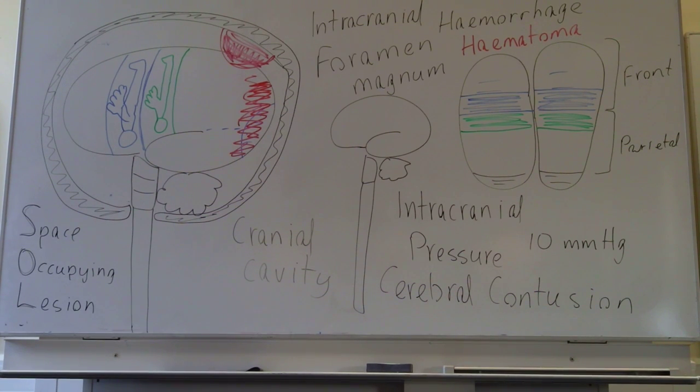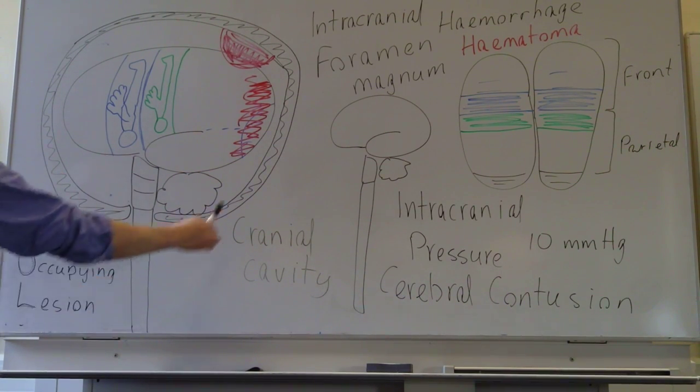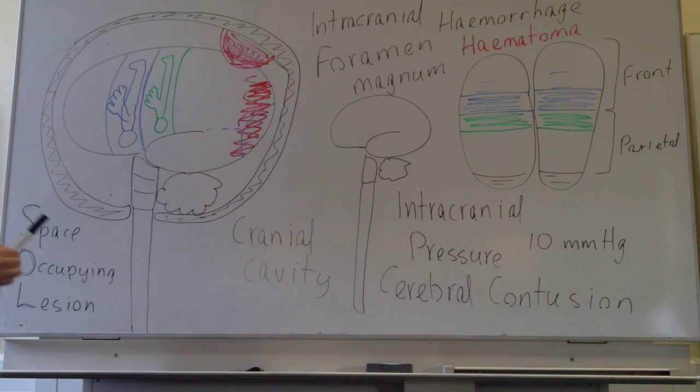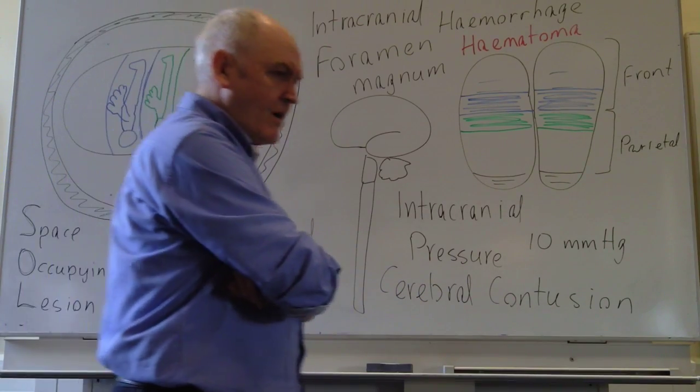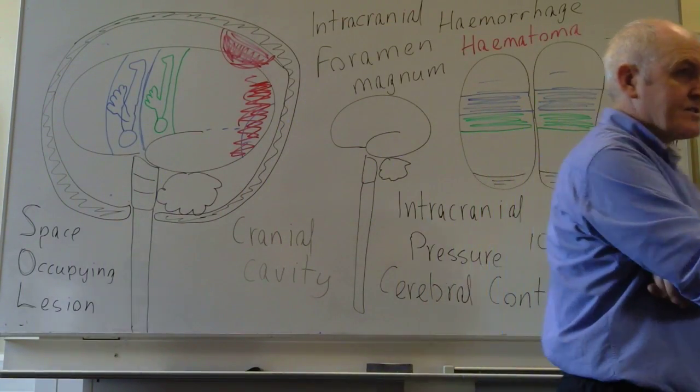But because space is at a premium in here, because we can't get swelling, the main point is just that it's taking up space. So we call it a space-occupying lesion. So head injuries can lead to the formation of space-occupying lesions.